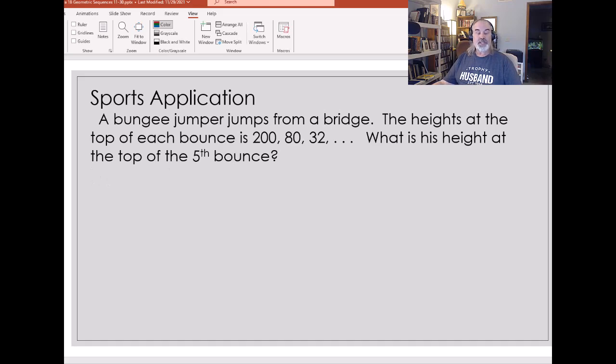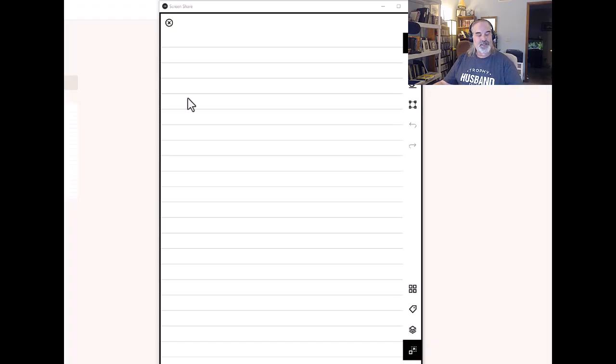On the worksheet that you'll be directed to, in Google Classroom, is a worksheet with a lot of open problems of this type. You can see a couple of problems about interest on a bank account. So the geometric sequence is the setup for interest rate problems. Say you deposit $2,000.